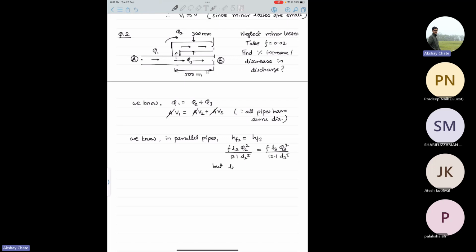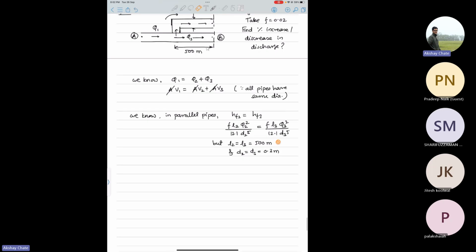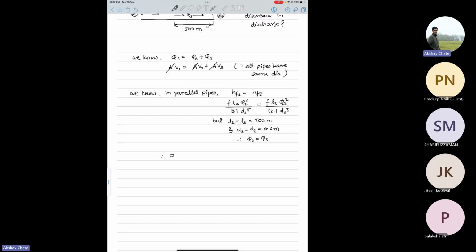But L2 and L3 are the same, which is 500 meters, and D1, D2 and D3 are also the same, which is 0.3 meter. So from this equation we get Q2 equal to Q3, and therefore Q1 is equal to 2 times Q2, and therefore V1 is equal to 2 times V2. That means the velocity in the two pipes will be the same, and that will be half of the velocity in the first half of the pipe. So this is important information we got.